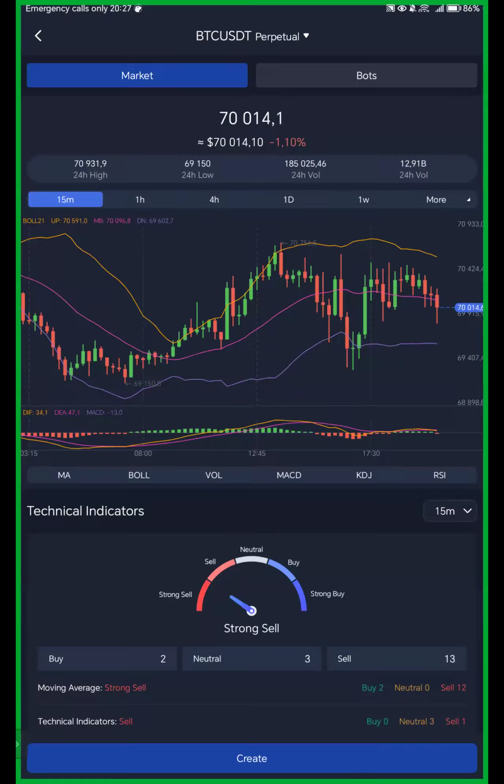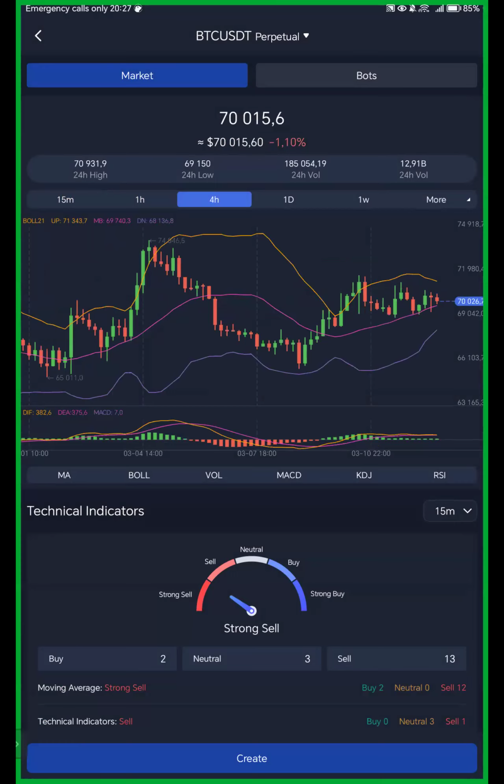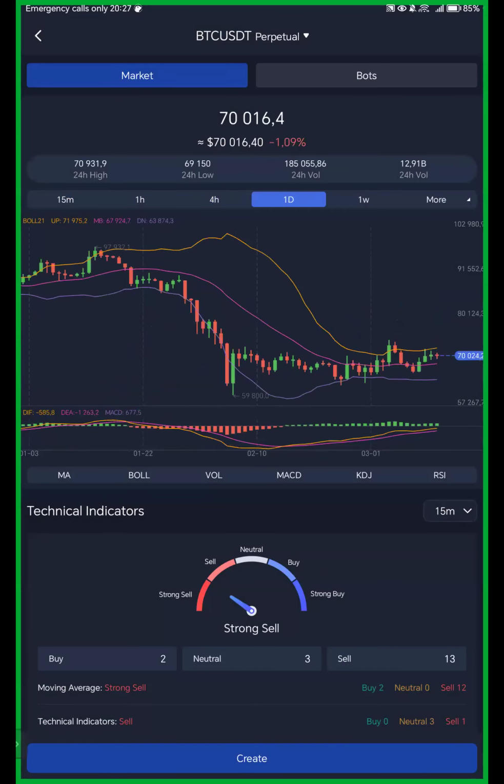You want to check the market in a longer time frame, maybe 1 hour. How does it look? You want to check the same market in a 4-hour time frame. What about in 1 day? How does the market look in a 1 day time frame? All right. So this is a representation of the asset called Bitcoin. That is how the price is being shown here according to RoyalQ.